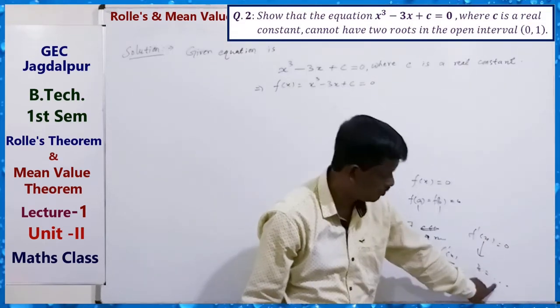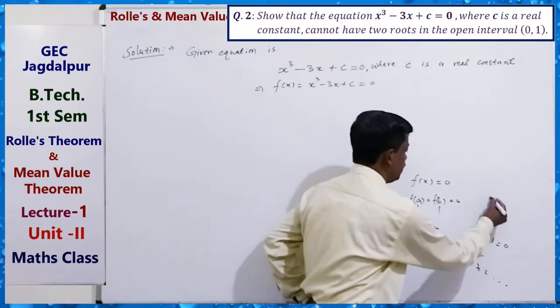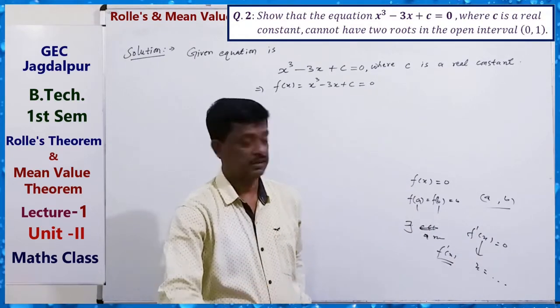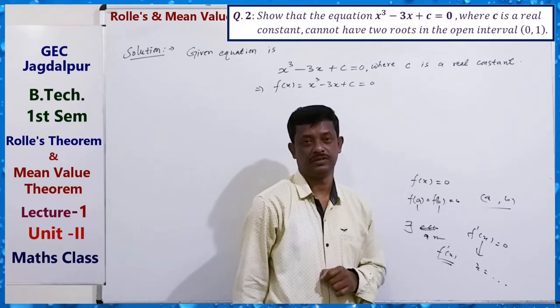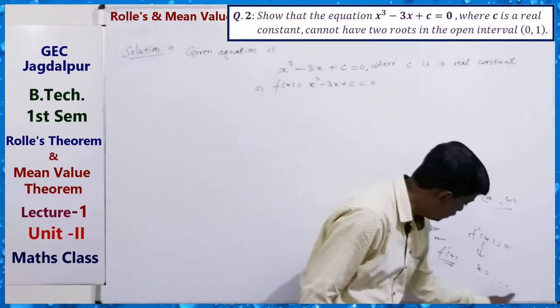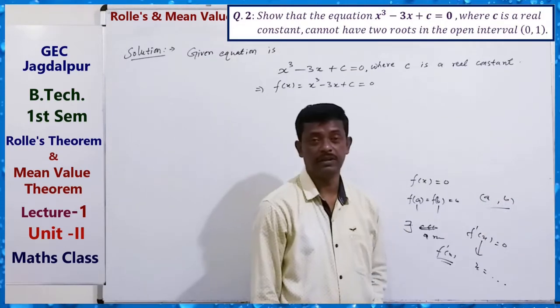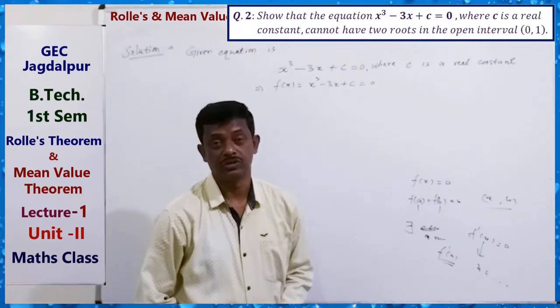If one of the values of x lies in the interval (a, b), then we can say that this has two roots. If no value of this lies in the interval (a, b), that means f(x) cannot have more than two roots.